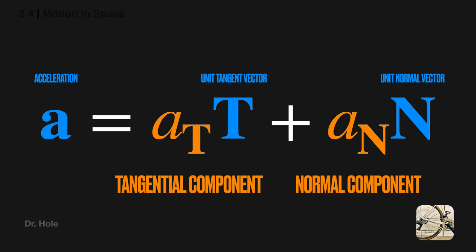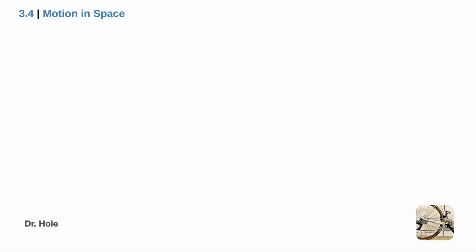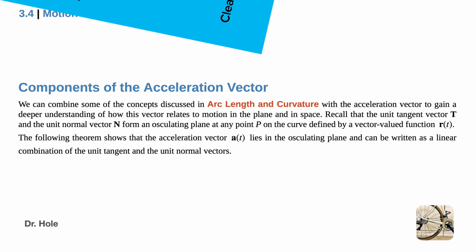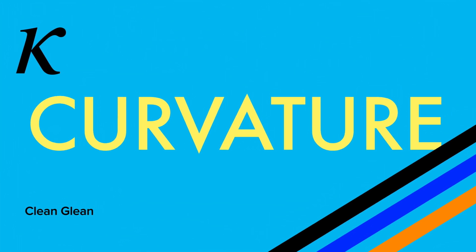So this is our objective for the video. And this in the book is under the components of the acceleration vector. It makes mention of the previous section, arc length and curvature. If you need to, you can go back and reference that video, click in the upper right.